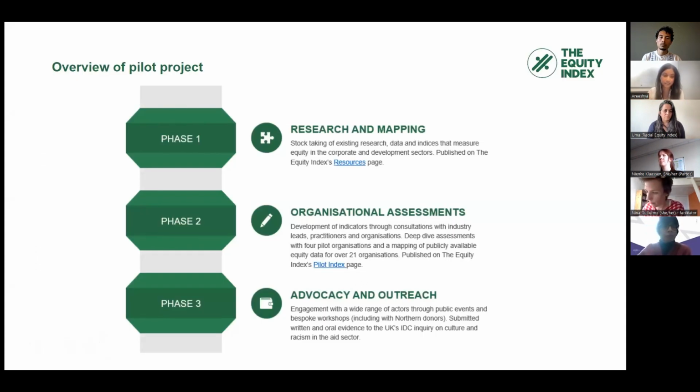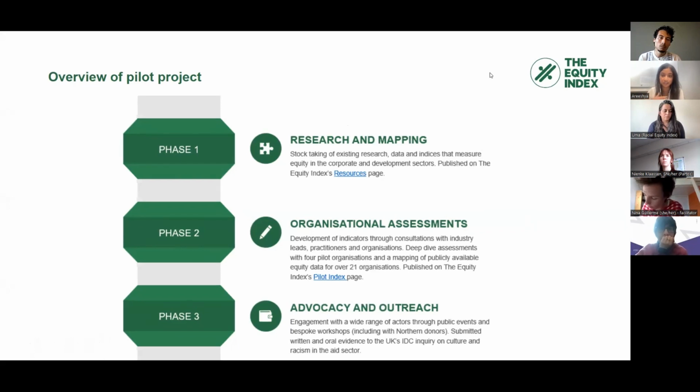But the core activity of the Equity Index moving forward, when we've secured the funding we need, will look at the development and regular updating of an index that measures how equitable UK international development organizations are internally and in their work with the Global South. We'll look at organizational policies, practices, and partnerships.